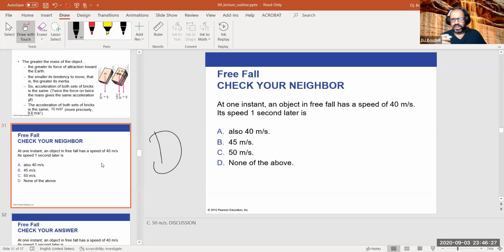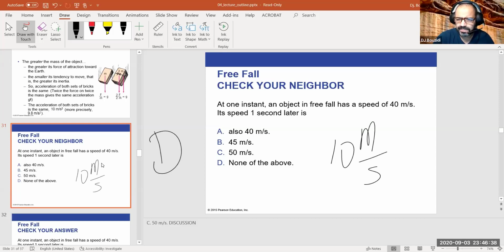So what we have here: at one instant, an object in free fall has a speed of 40 meters per second. Remember, in free fall, we gain 10 meters per second for every second, or 10 meters per second squared. So it's already moving at 40 meters per second, and after another second, the object will gain another 10 meters per second. So the correct answer should be C. Is this correct?